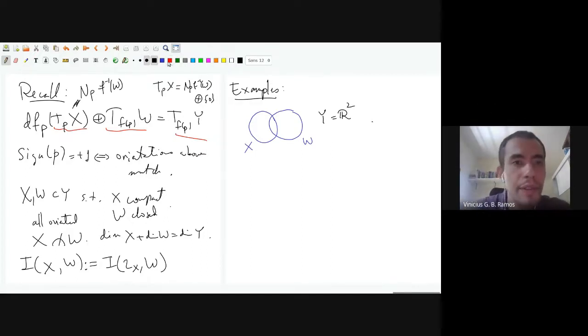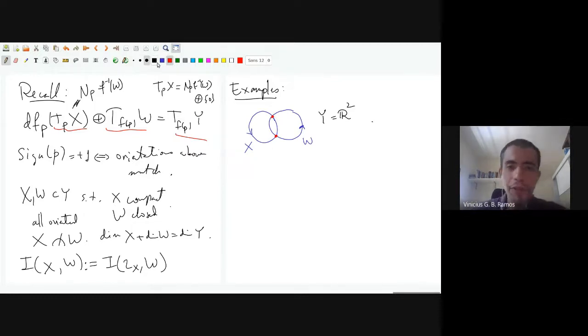So now we have to orient them. R2 has the natural, usual orientation, and I'm going to orient X like this, and I'm going to orient W like this. Remember, for a curve, I can just put an arrow, and that gives an orientation. And then the intersection of X and W is a manifold because they intersect transversely, and it's these 2 points.